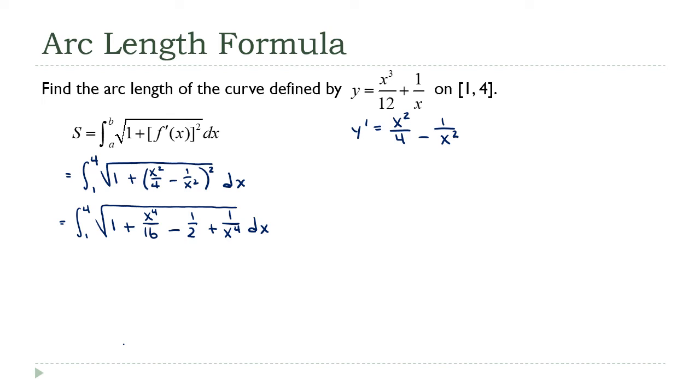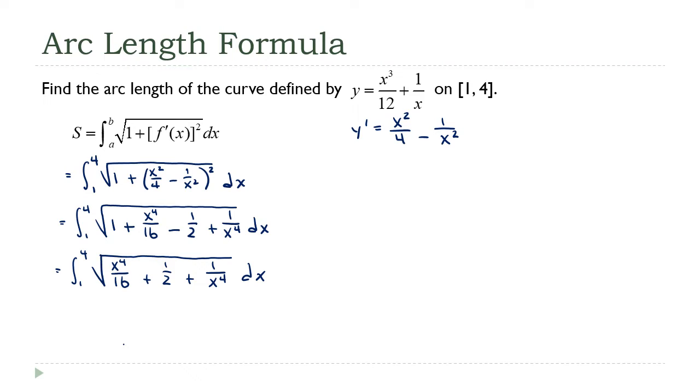All right, so let's put the 1 and the 1/2 together. This is the integral from 1 to 4 square root of x to the 4th over 16 plus 1/2 plus 1 over x to the 4th dx.